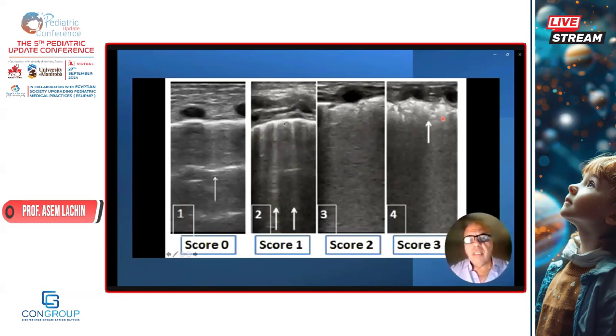And finally, the last one, the pictures of air bronchogram and fluid bronchogram, which means the most advanced score of lung disease. So here we are not going to do the ordinary score of the lung, but we are just looking for those 3 diagnoses: pneumothorax, consolidation, and/or pleural effusion.